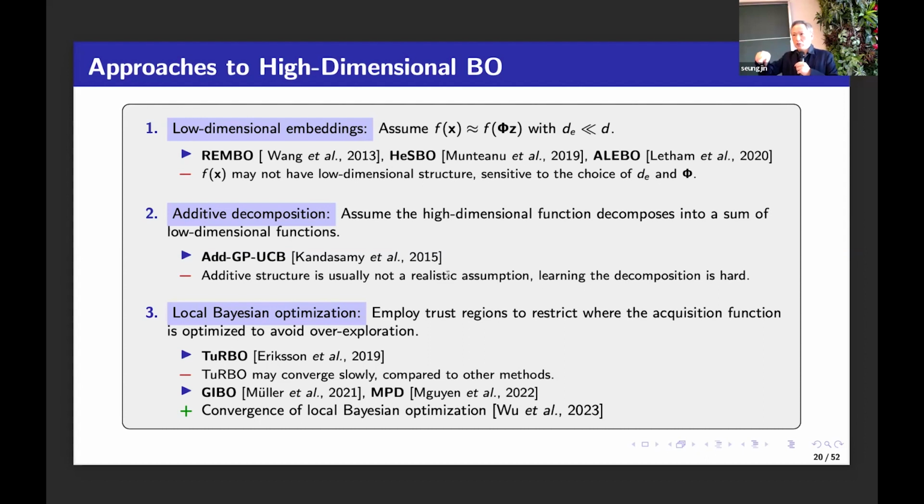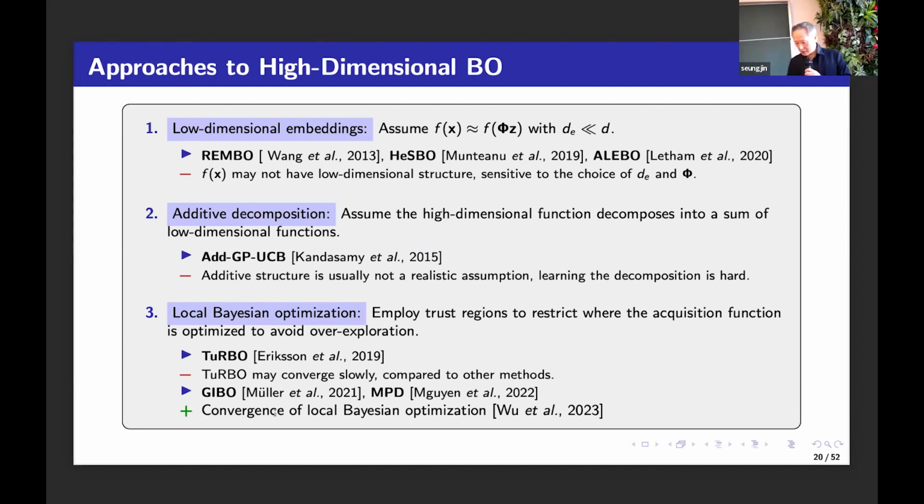You do the local search or local optimization, and if you succeed, you enlarge your trust region; if you do not, your trust region gets smaller. That's one idea. TuRBO uses the trust region technique for local search in Bayesian optimization. And the other technique utilizes the gradients.